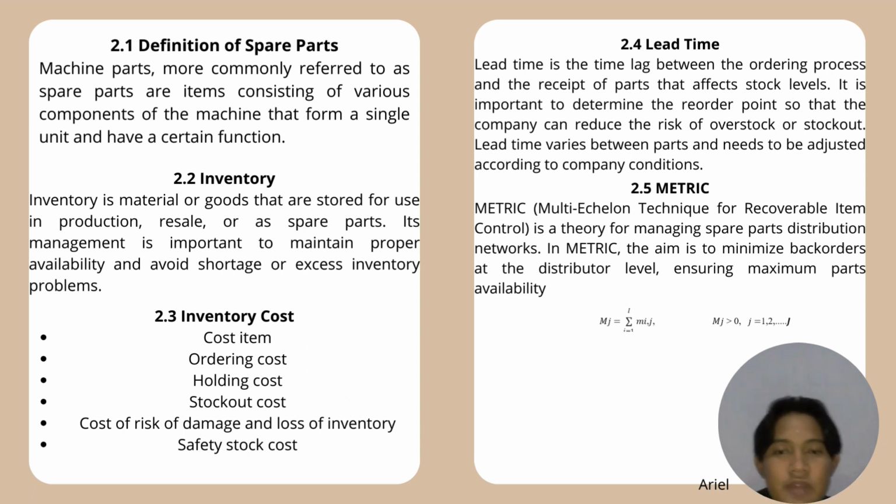So the next is inventory cost. Inventory cost has many items: the ordering cost, holding cost, stock cost, cost of risk of damage, loss of inventory, and the last is safety stock cost.